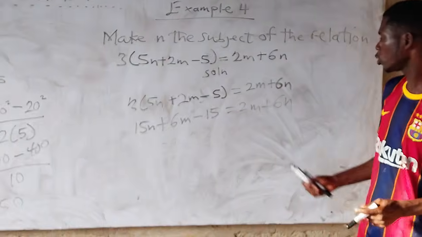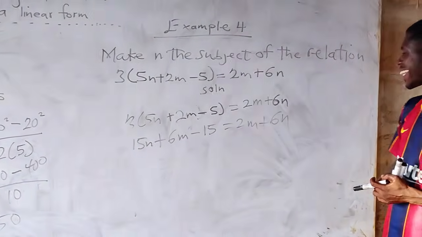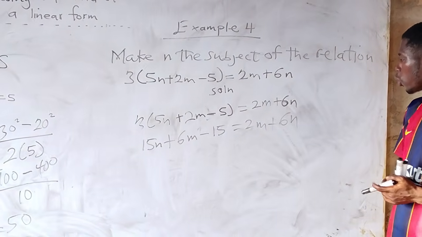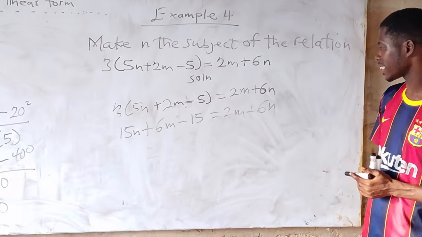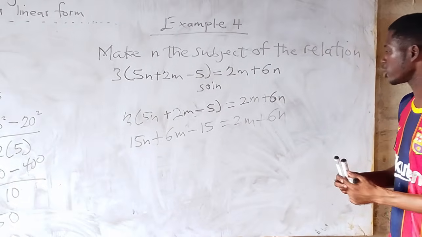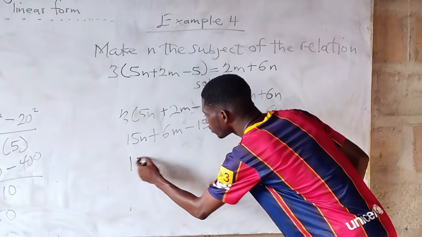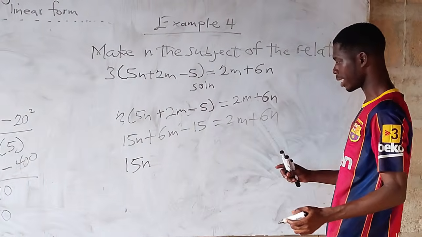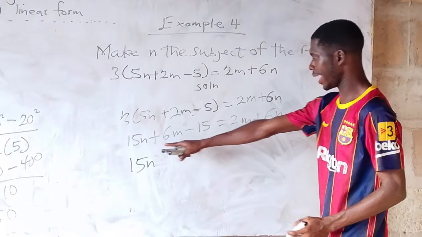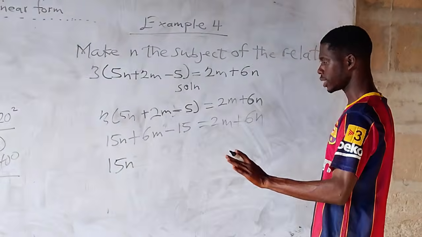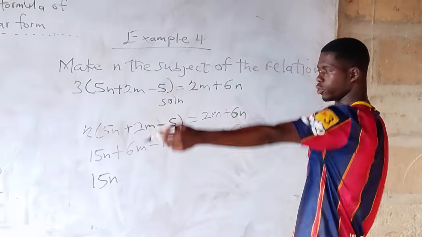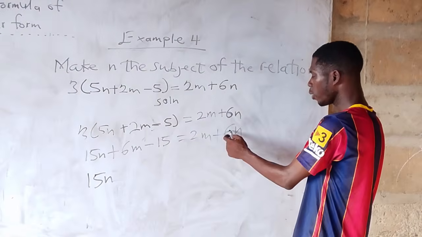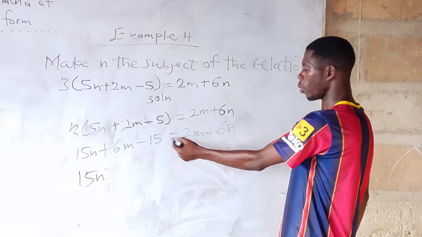Then you're supposed to group the like terms. You are making n the subject. So we have 15n here, it was positive 15n. But this positive 6n will move to the left hand side, and whilst it's crossing the equal sign, it's negative, right?